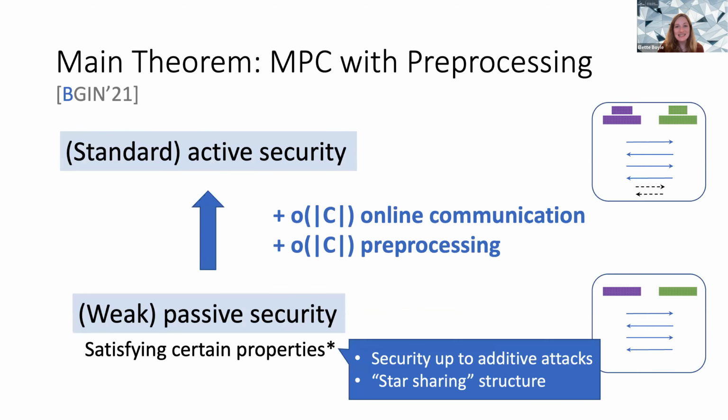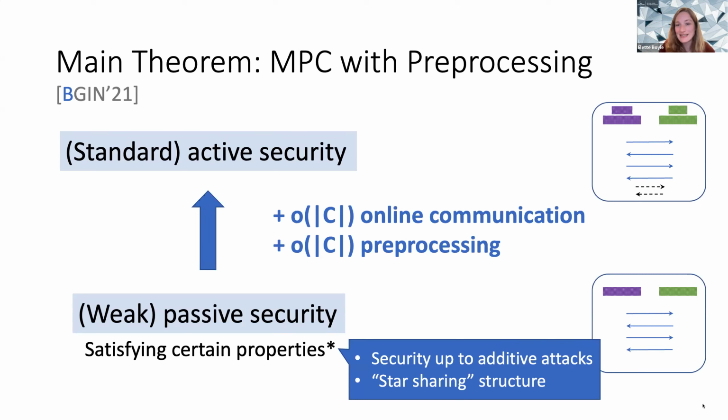What we're able to achieve is sublinear additive overhead in both the online communication, so just a little bit of extra communication, and in the offline preprocessing. We didn't know how to do this before: always at least one of these two had to have linear overhead. This holds for protocols in the preprocessing model with certain properties.